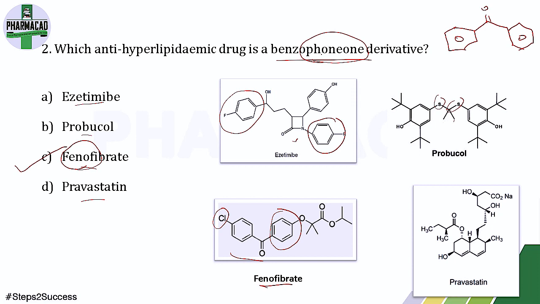We have a naphthyl ring over here, then a glutamic acid-like structure. So that will be the structure for pravastatin. So the antihyperlipidemic drug which is a benzophenone derivative is fenofibrate.